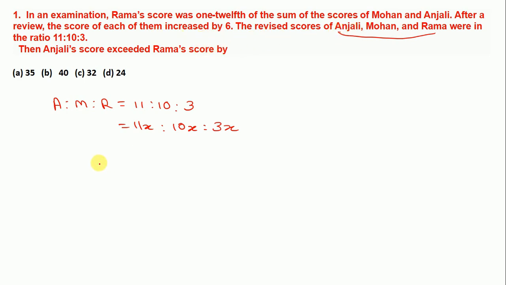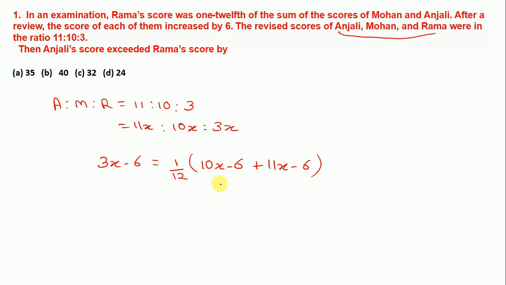So Ram's score was 3x minus 6. It was equal to 1/12 of Mohan's score and Anjali's score. So Mohan's score is 10x minus 6 plus Anjali's score is 11x minus 6.